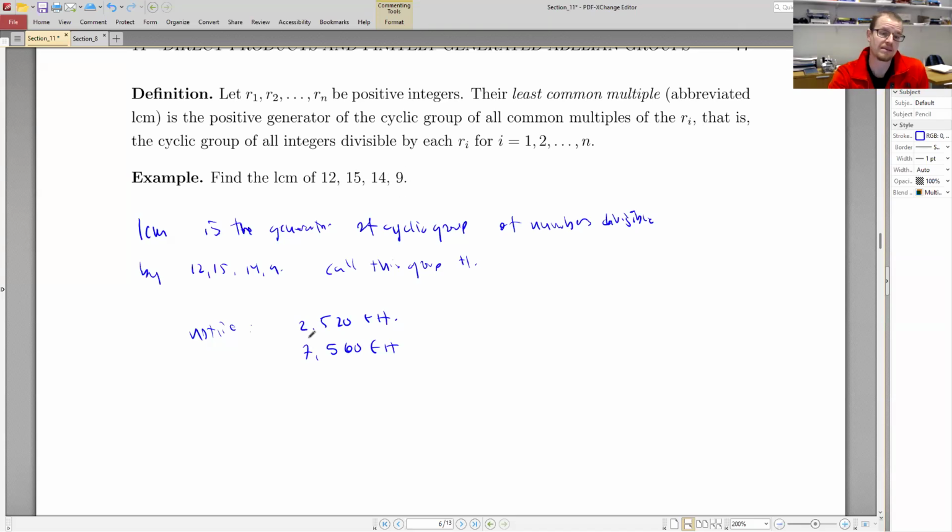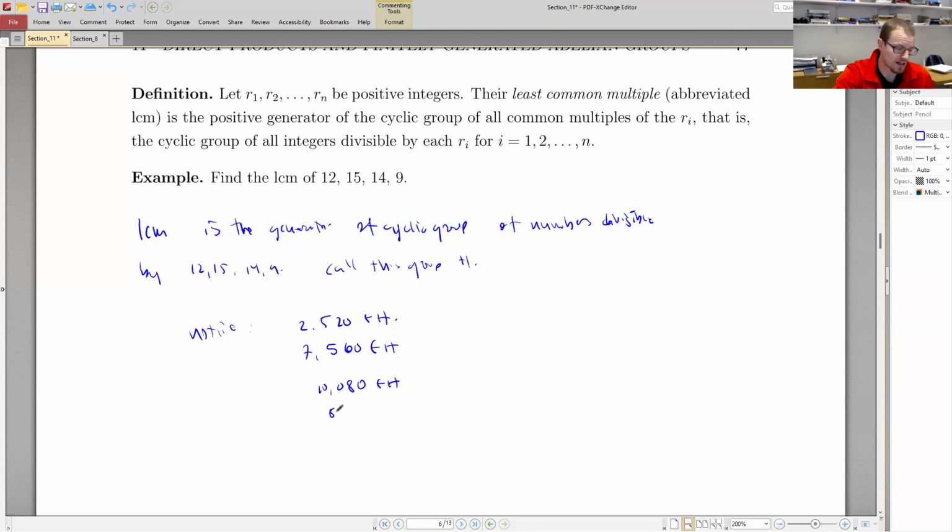If I wanted to, I could add them together. Let's see here, 0 plus 0 is 0, 2 plus 6 is 8, 5 plus 5 is 10, so add the 1 here. 1 plus 2 is 3, 3 plus 7 is 10. So 10,080 belongs in H.